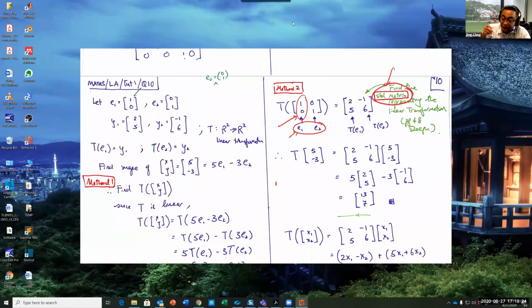Sorry, this is the standard basis. And then we perform the transformation on the standard basis to get the standard matrix. How do we get it? Okay, T operates on the first column to give you the first column. T operates on the second column to give you the second column.